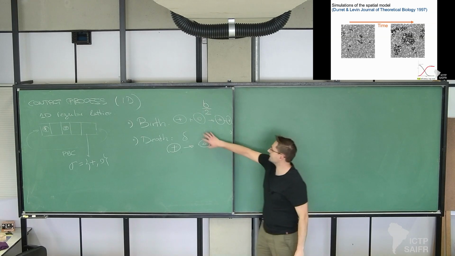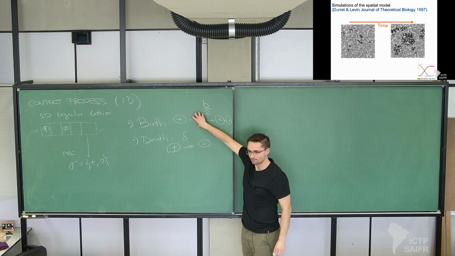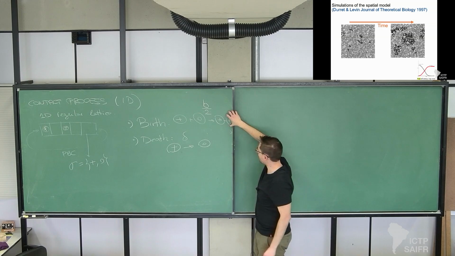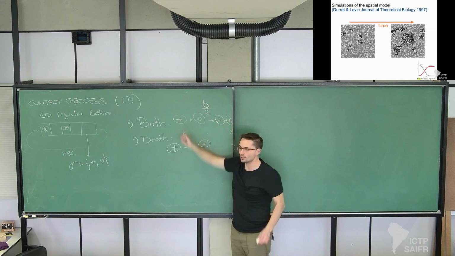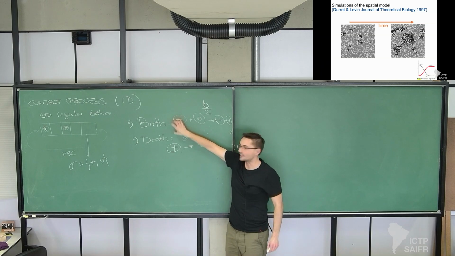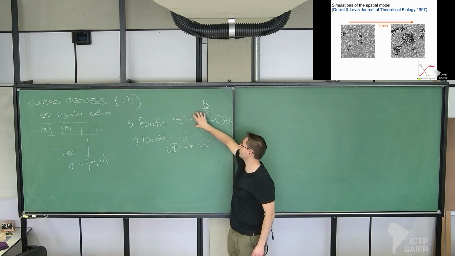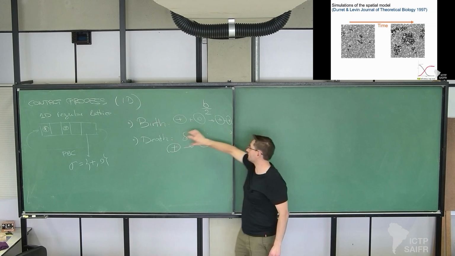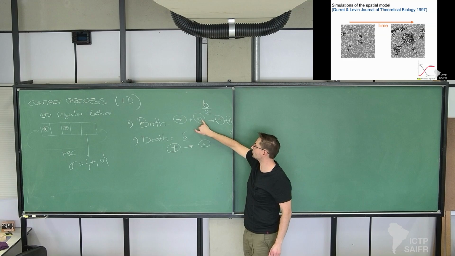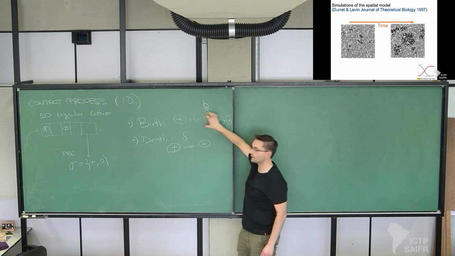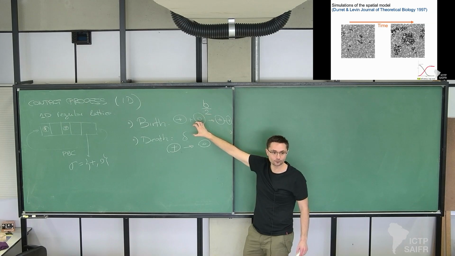So basically this means that empty places are going to become occupied at a rate equal to B, which is the rate at which this guy is going to create a seed, divided by 2, because this guy in principle can infect the right or the left. Okay? So the maximum rate at which this place is going to be infected is B, and it's going to happen whenever both neighbors are occupied. Clear?